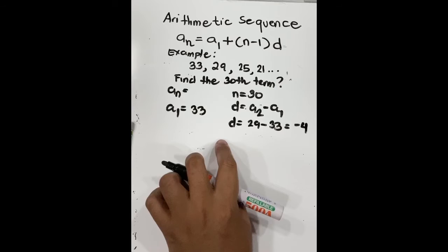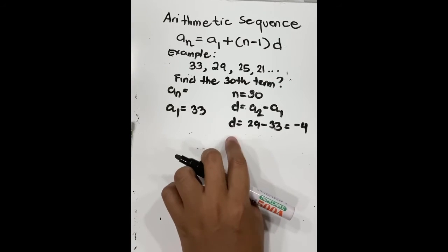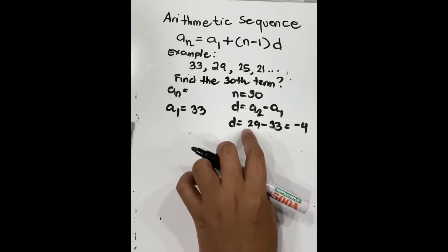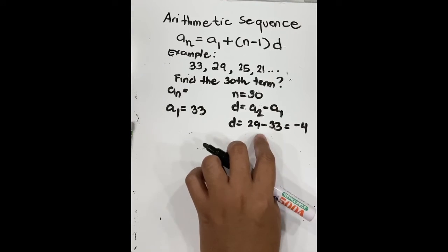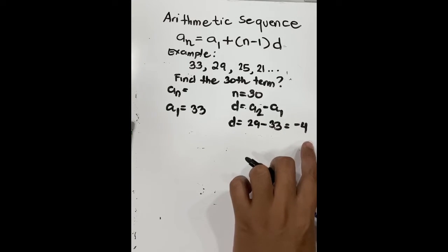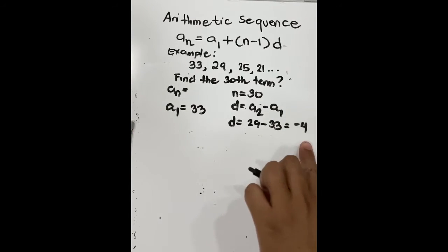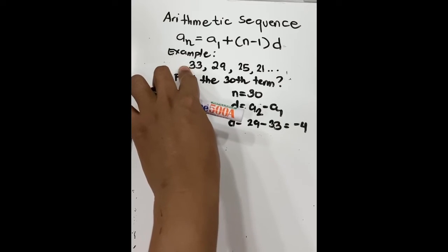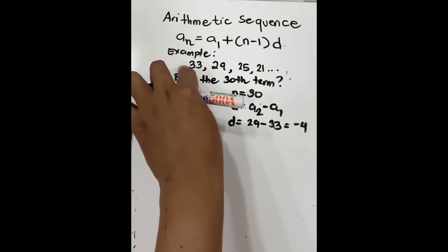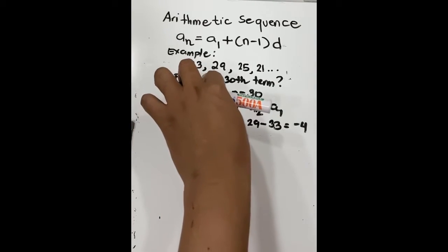Grade 10, don't ever forget the rules in integers para makuha nyo yung sagot na ito. 29 minus 33. Okay? So, bakit naging negative yung common difference natin? Like what I said, dun sa ating sequence, pabawas ng pabawas or pa-decrease ng pa-decrease yung value ng mga terms natin as the sequence progresses.